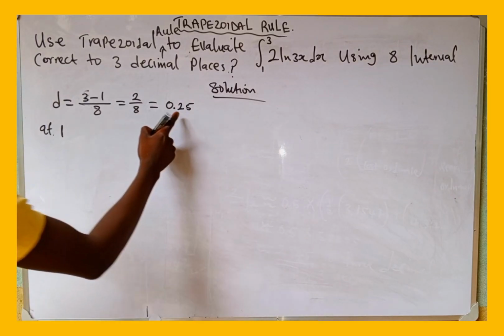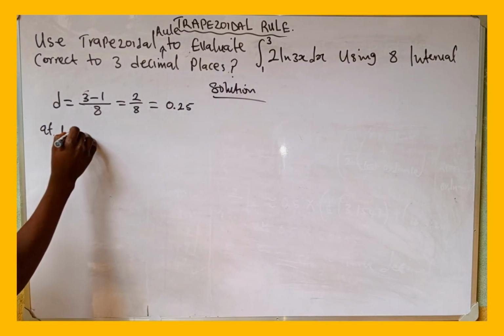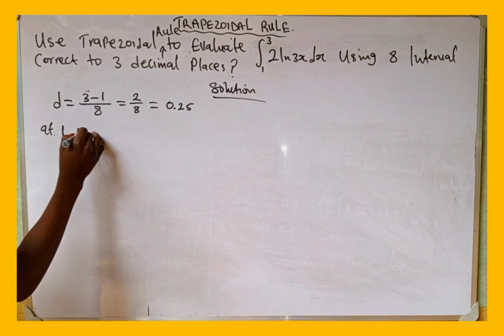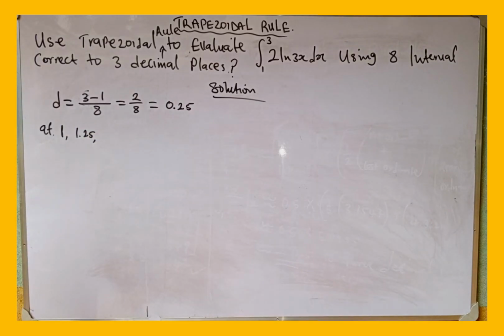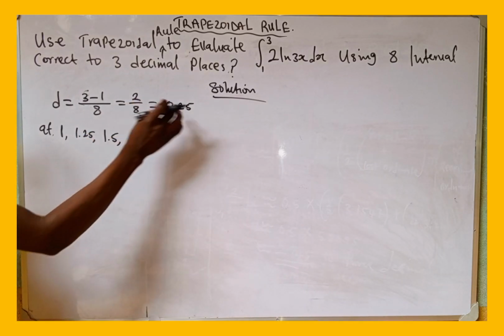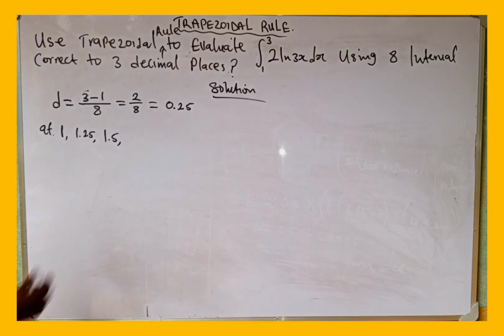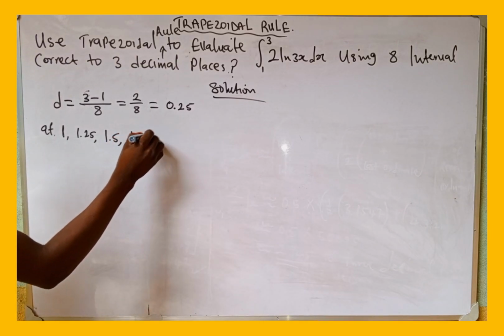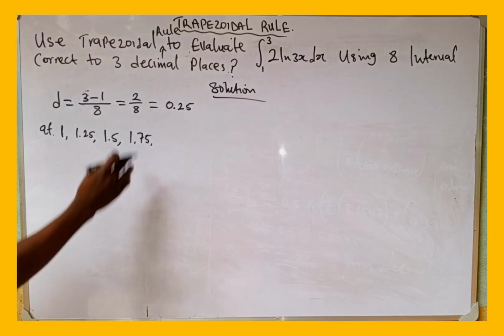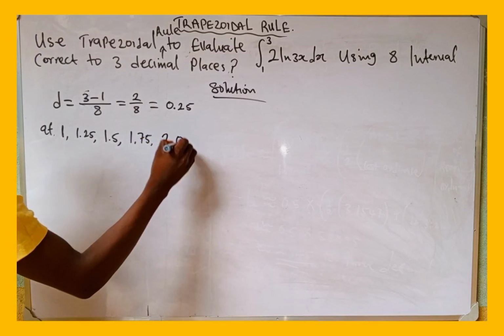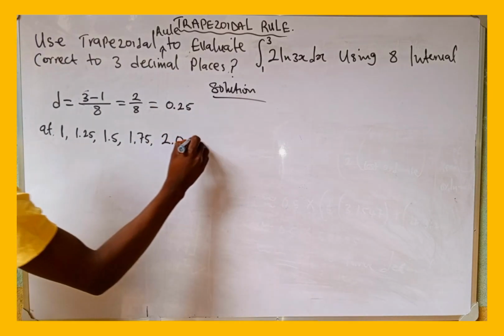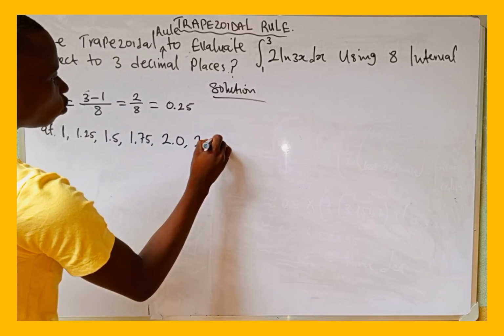If you add 0.25 to 1, it gives us 1.25. Then add 0.25 to 1.25, it gives us 1.5. Add it to 1.5, it gives us 1.75. Then add it to 1.75, it gives us 2.0. Add it to 2.0, it gives us 2.25.